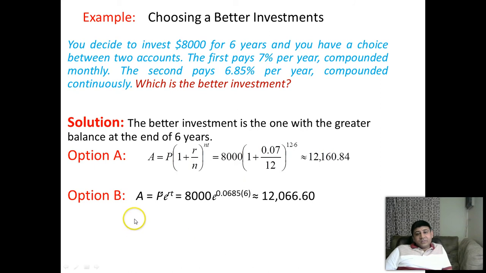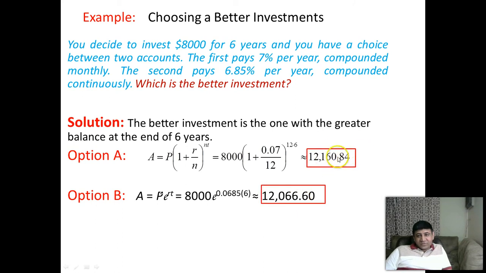If you use continuous compounding, A is equal to P e to the power rt. Principal is 8,000, e to the power rate times the number of years. If you work this out using a calculator, you get $12,066. So which one is better?